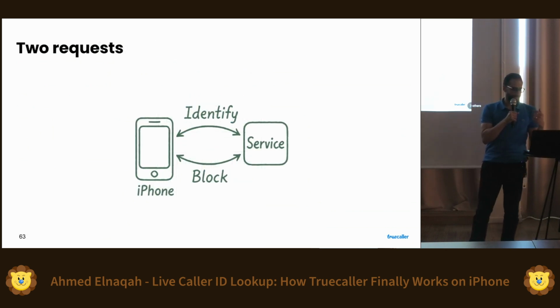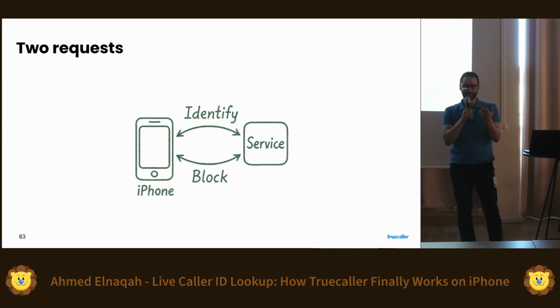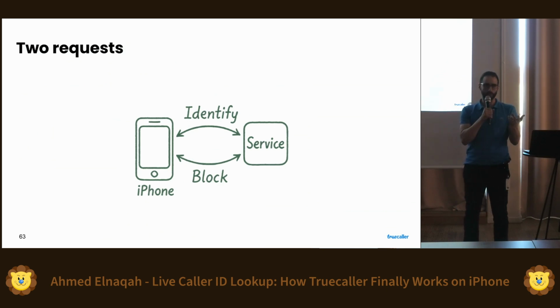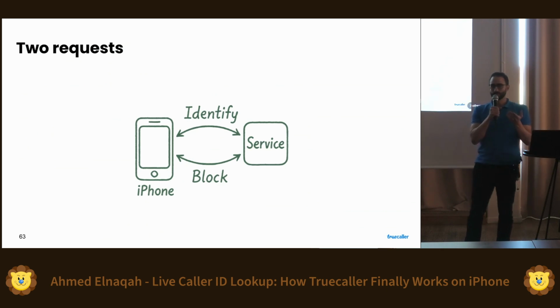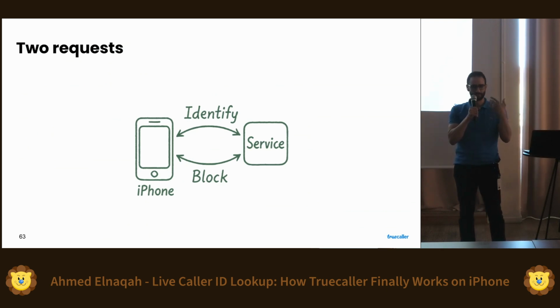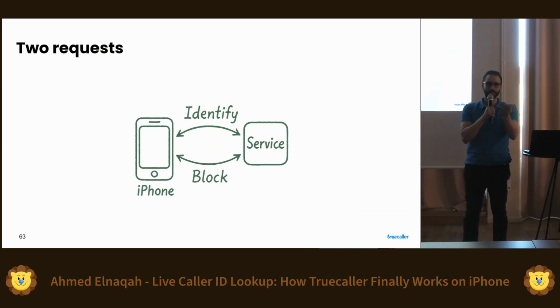Second thing is the phone does 2 requests every time, one for identity, one for block. The block request needs to be within milliseconds because it needs to be received before even iOS shows the calling screen, so it can decide whether to block it or not.